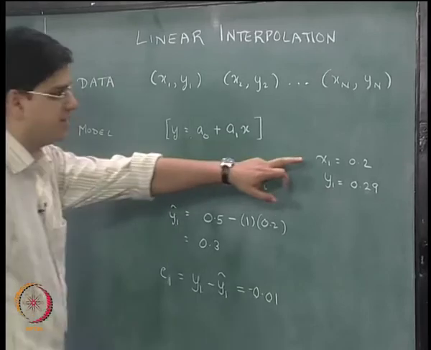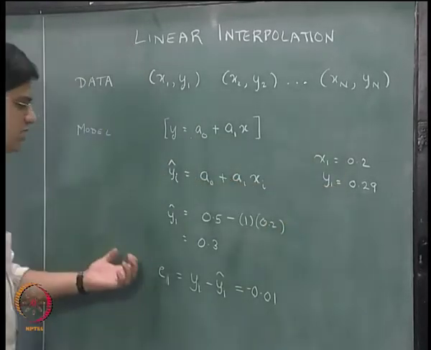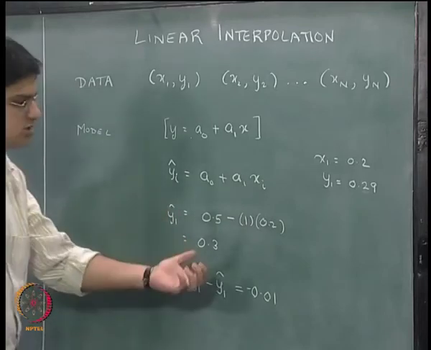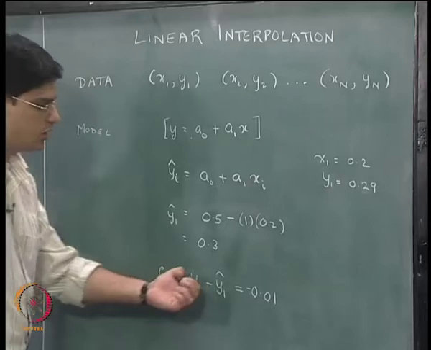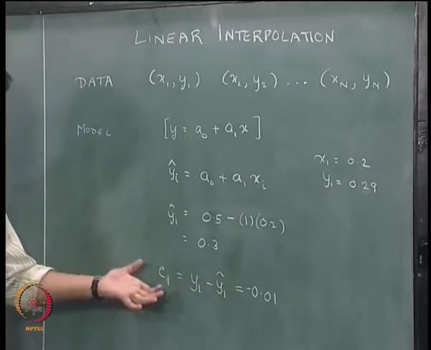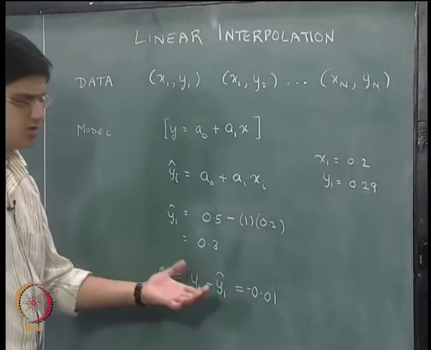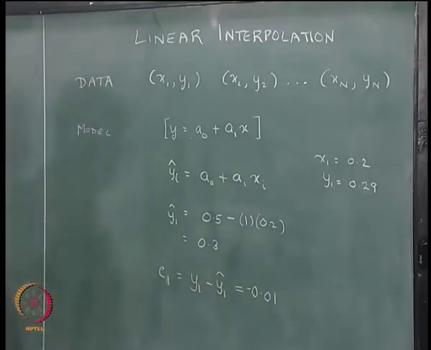Previously, when we had taken x1 and y1 as 0.2 and 0.3, error e1 was exactly equal to 0. In general, we need not always get the error to be exactly equal to 0. So, we are going to look at a general case where the error is going to be certain value ei, okay.